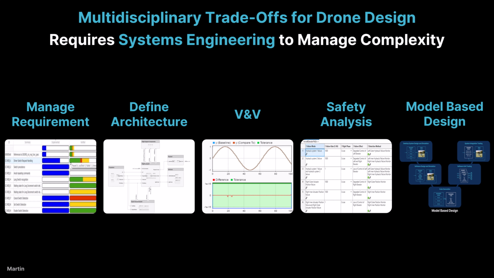Apply model-based design, MBD, to simulate, analyze, and validate behavior before hardware exists. This structured methodology helps ensure that multidisciplinary decisions are traceable, testable, and aligned with overall system goals.